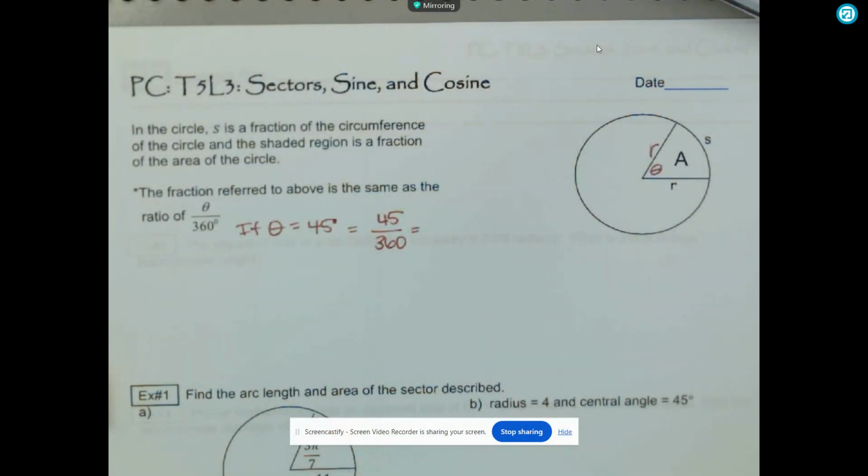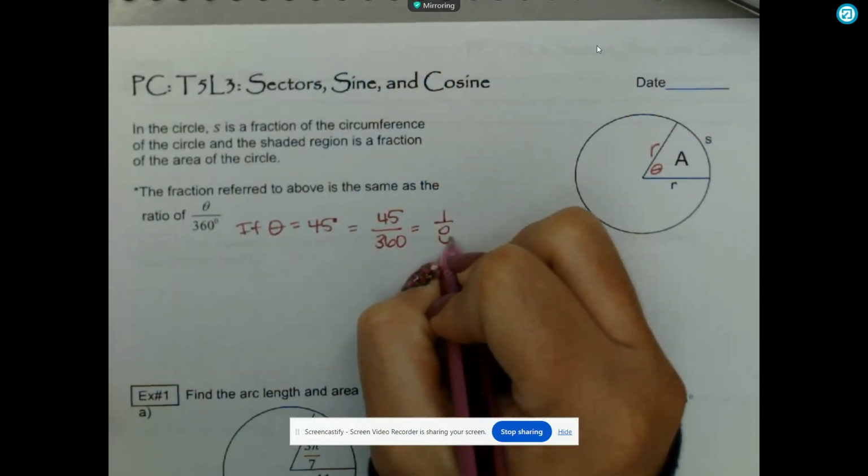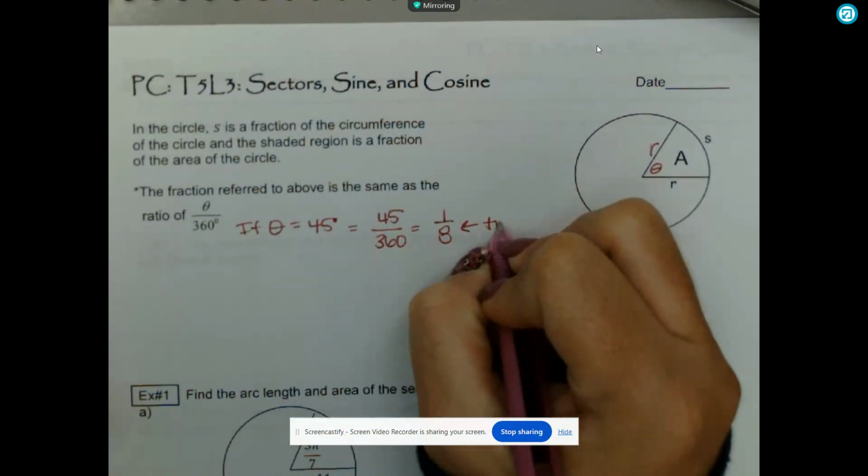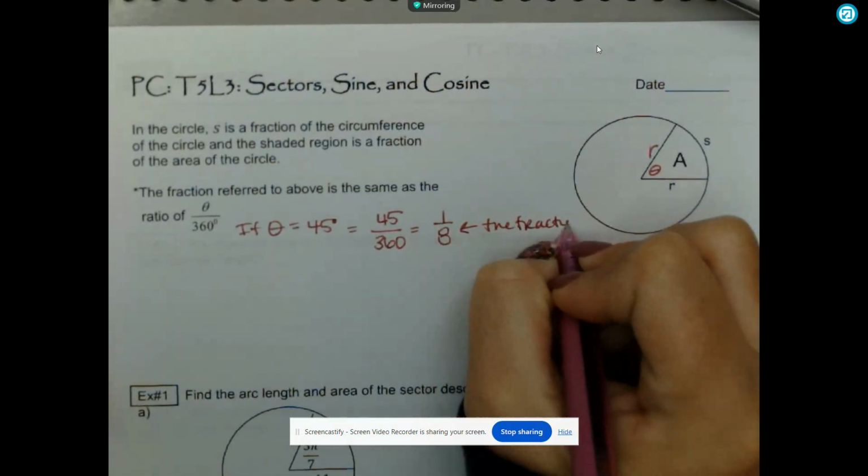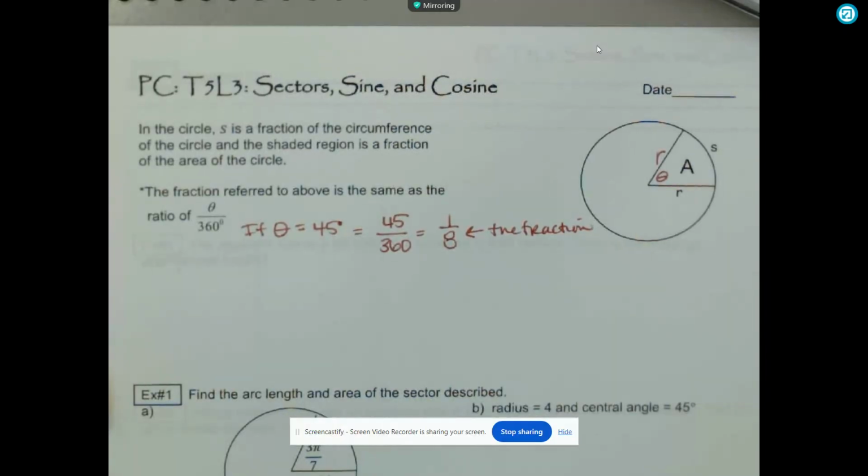What part of the circle is 45 degrees? If it's out of 360 degrees, what does 45 out of 360 reduce down to? 1/8. So 45 degrees is 1/8 of the whole circle. It's the fraction of the circle. Is everybody with me? Okay.